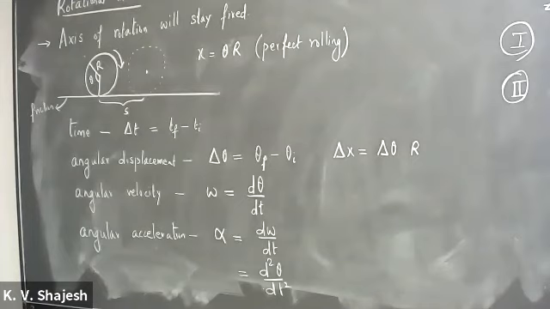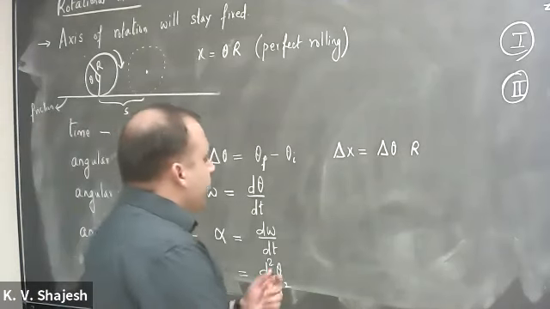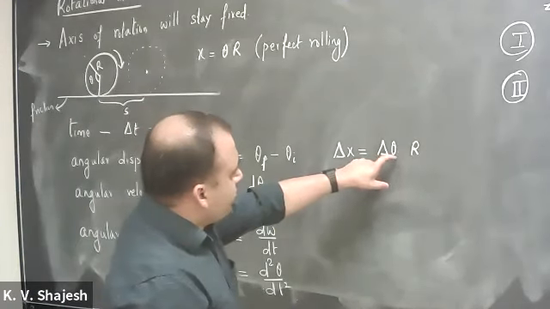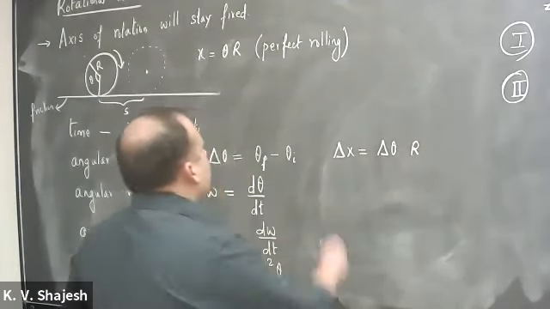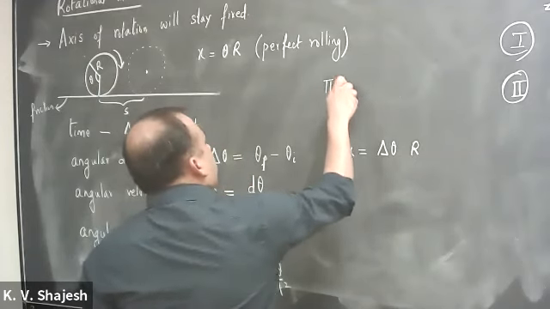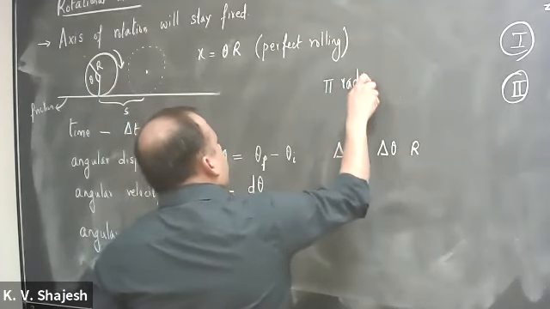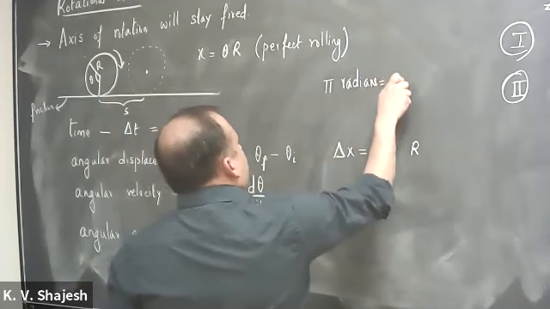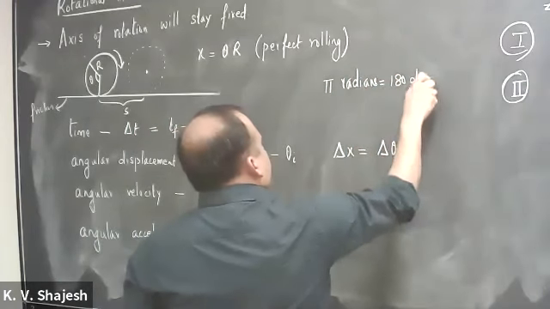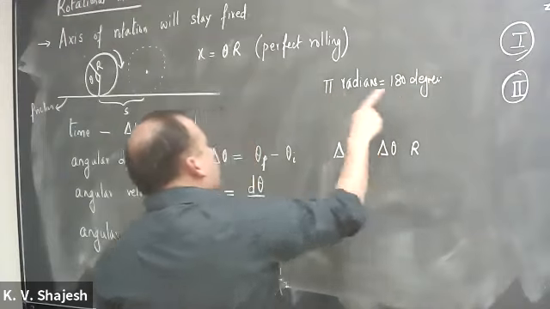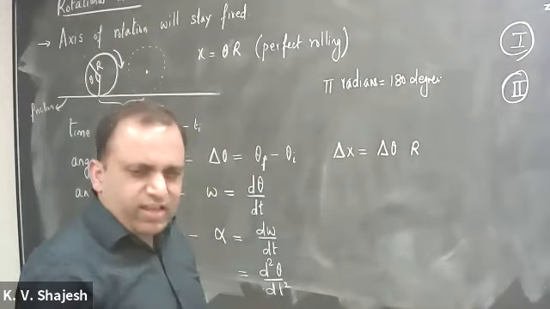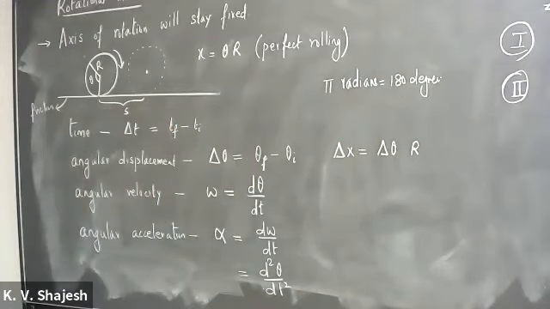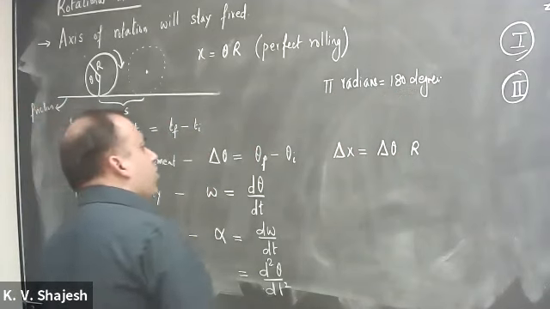Remember, radians in this context is considered dimensionless. Even if it is in degrees, remember pi radians is equal to 180 degrees. And both radians and degrees, when it comes to SI units, should be thought of as dimensionless. That is just a measure of angle there, but eventually we don't write that down.